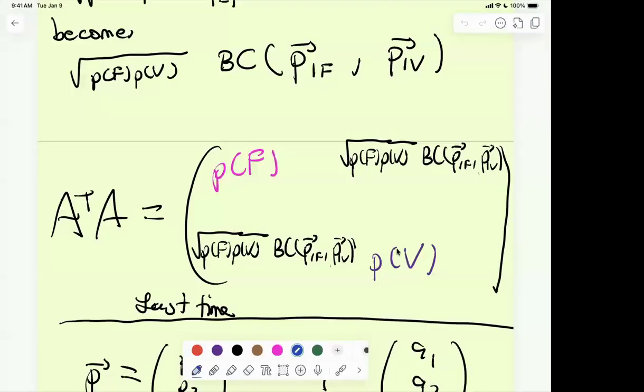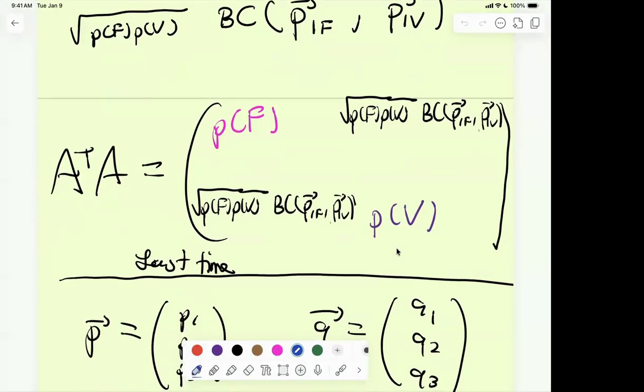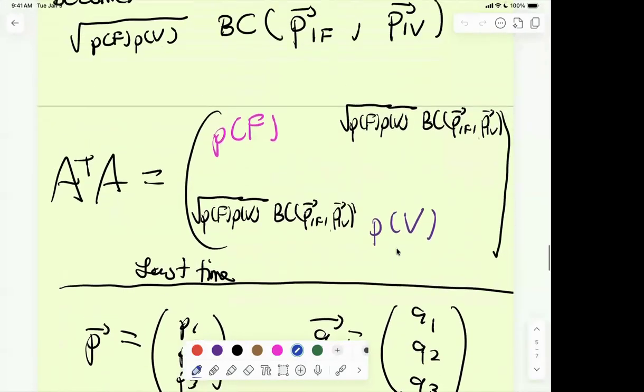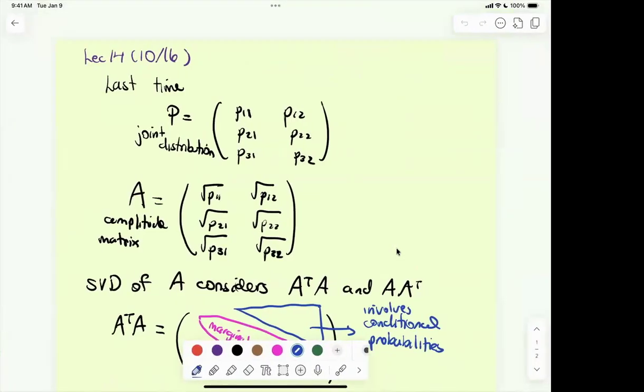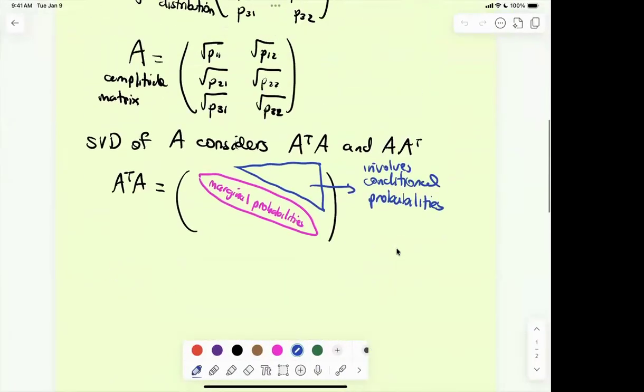Let me share again my screen. Okay, so I'll put that as an exercise, just to work out what you get if you do A transpose.